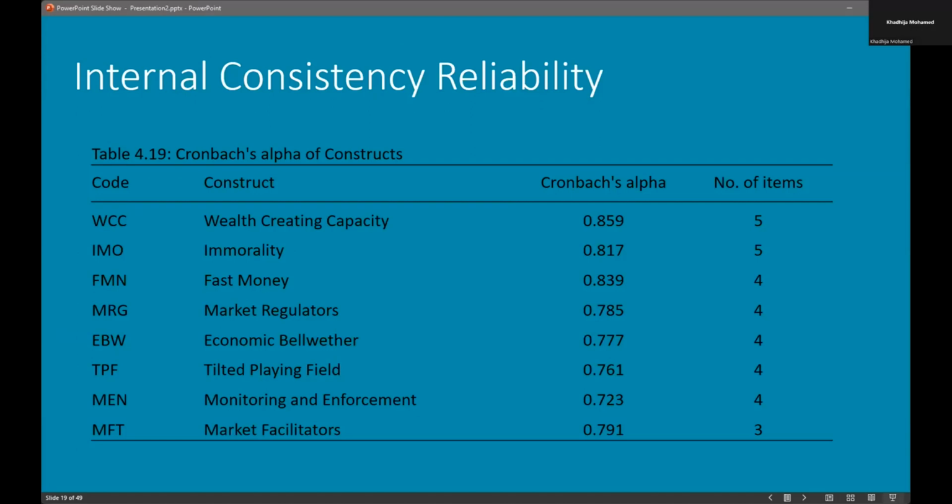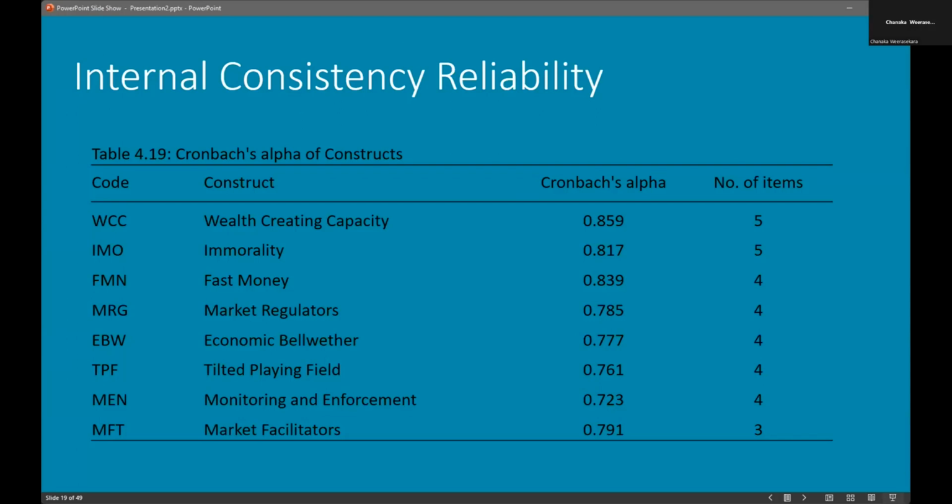Yes, sir. But sir, in case our Cronbach alpha is between 0.6 and 0.7, can we proceed with the analysis? Yeah, of course. It depends. There are some authors arguing that you could even accept Cronbach alpha higher than 0.6 also.